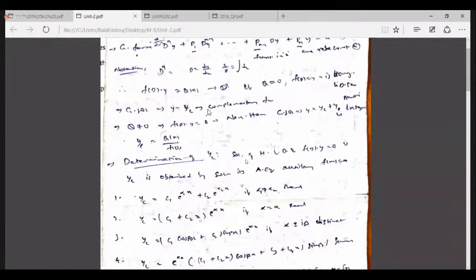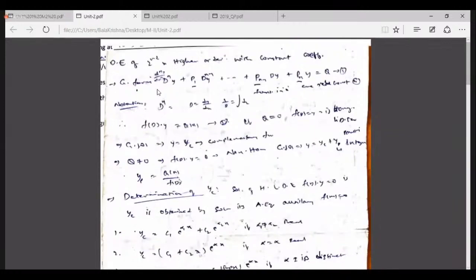That means a higher order differential equation is in the form of dy by dx whole power nth order, whole power 1, like that, n minus 1th order, and so on, where p1, p2 are the constants. The right side is a function in terms of the independent variable x, Q of x.